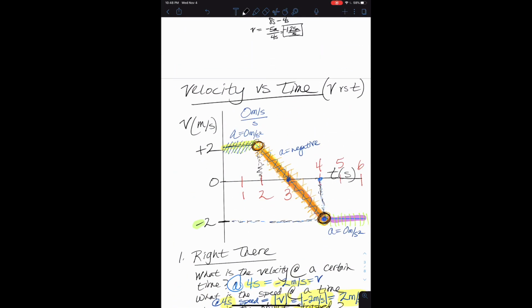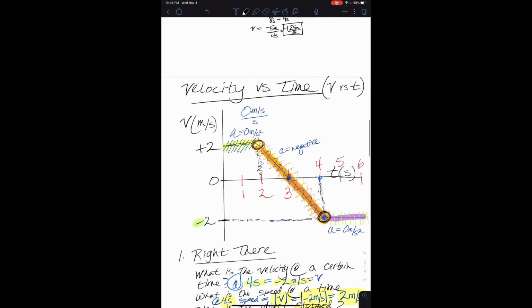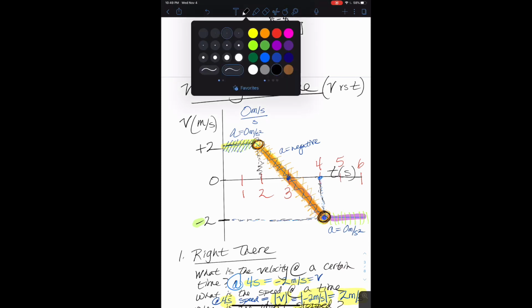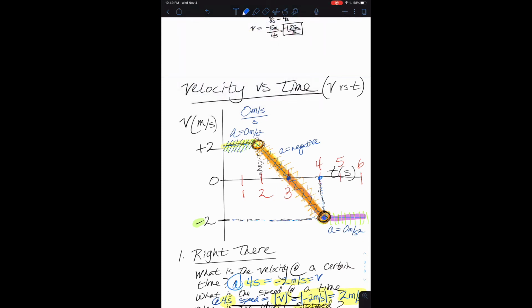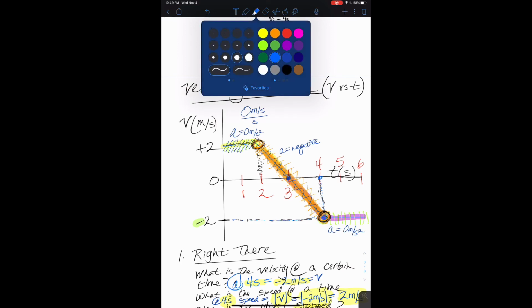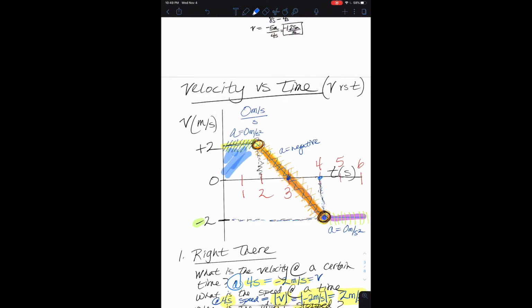The area is going to be the area between the line, or the curve, and the x-axis. So it's going to be this area right here in blue, and this area right here in blue.